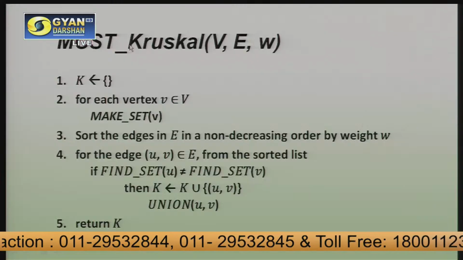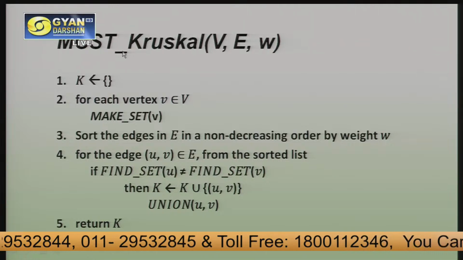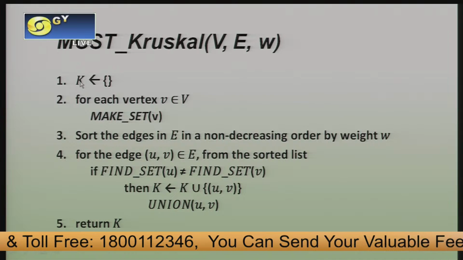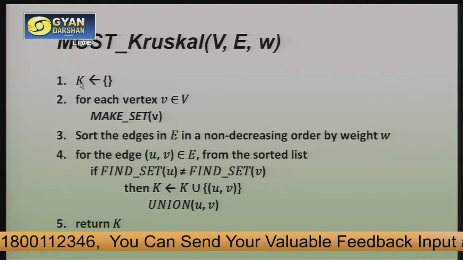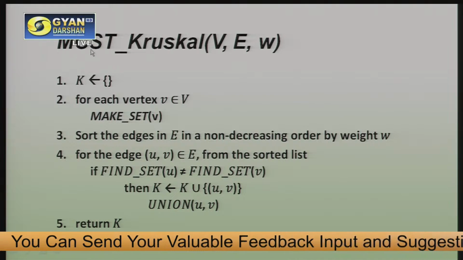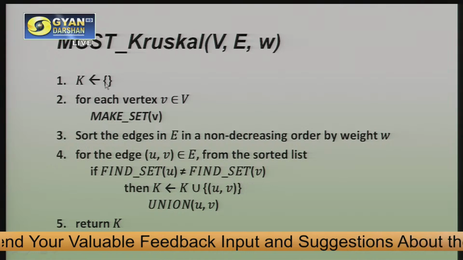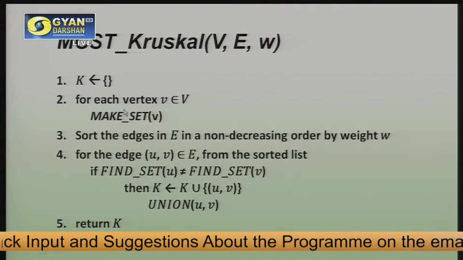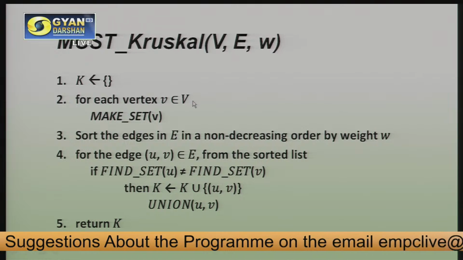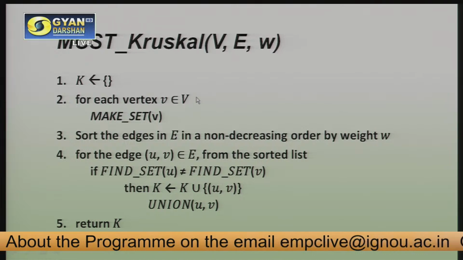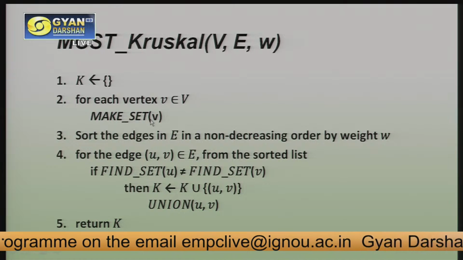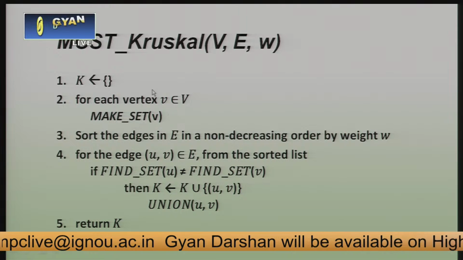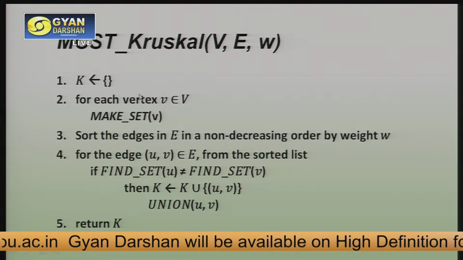So in this Kruskal algorithm, we start with K, which is a set of edges that has been selected in the minimum cost spanning tree, and initially it is initialized to the null set. Now for each vertex V in the set of vertices, make set V. So we are making each vertex a set in the very beginning.